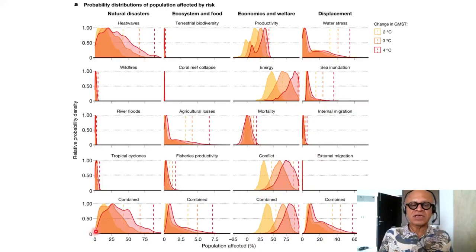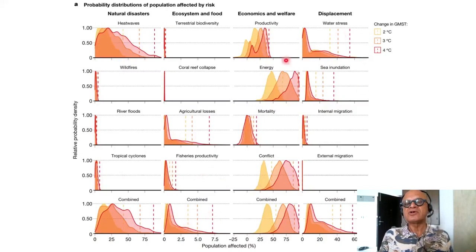You can look at the combined ones, okay, combined heat waves, river floods, wildfires, and tropical cyclones. And for ecosystem and food, you combine terrestrial biodiversity, coral reef collapse, and agricultural losses with fisheries productivity changes, and that's where you end up.